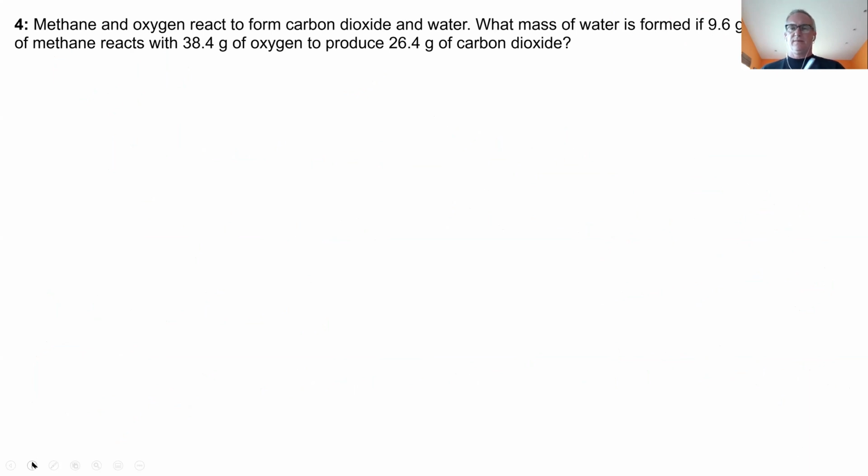But here, there's a bunch of stuff we need to know. Methane and oxygen react to form CO2 and water. Okay, so anyone know what methane is? CH4. Methane is the simplest hydrocarbon. So methane is indeed CH4.